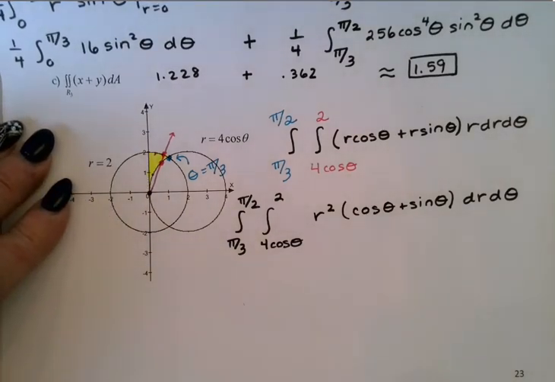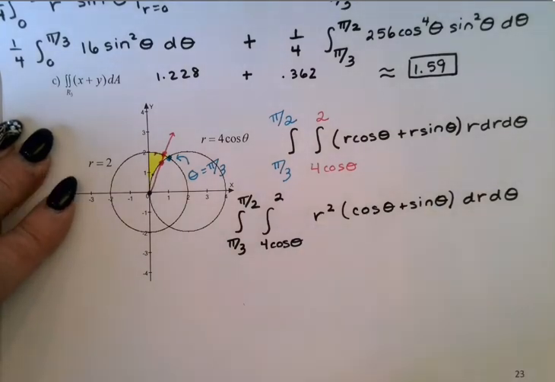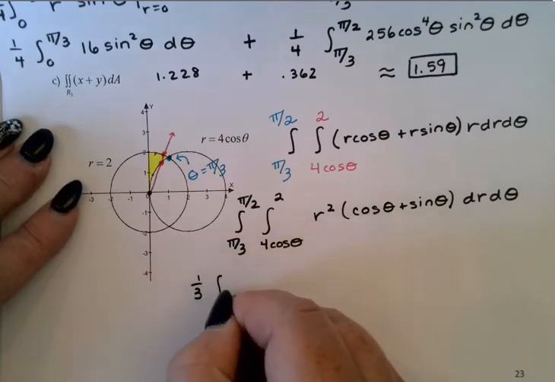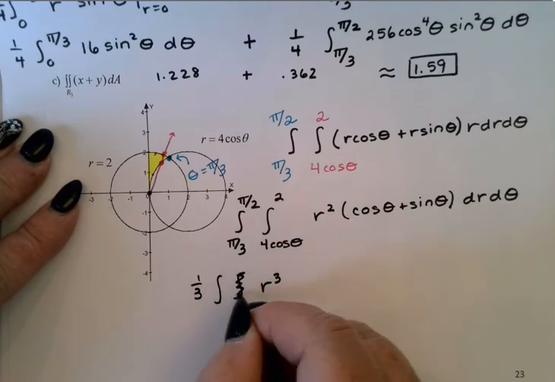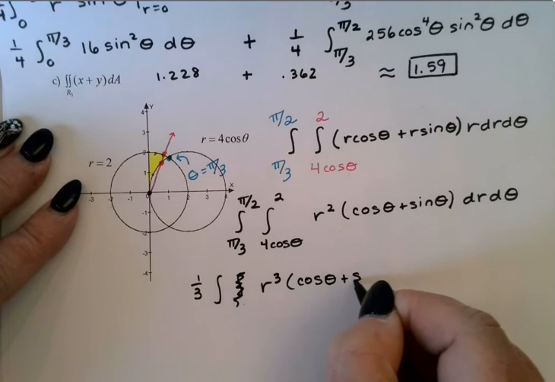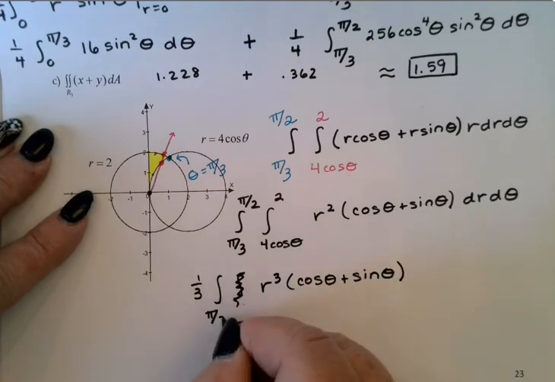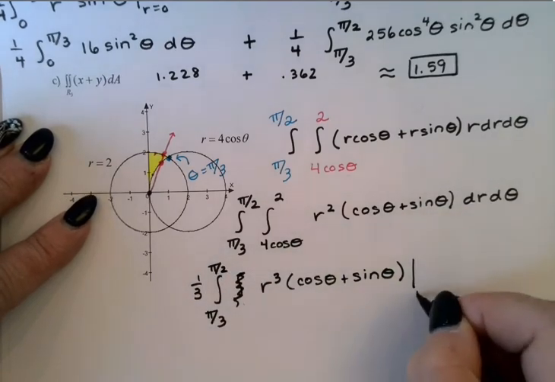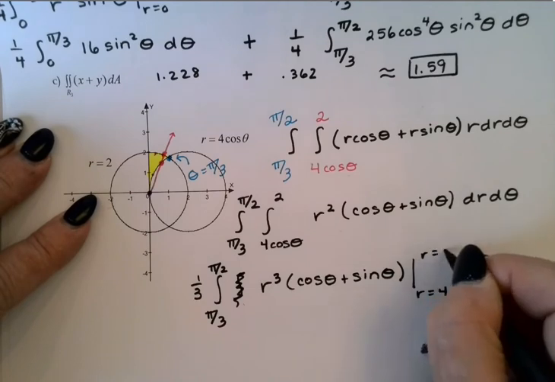So let's go ahead and do this. We would get a 1/3 r cubed when we integrate the r. Just have one integral now. Times cos theta plus sine theta. My limits of integration here are still my theta values. And I'm going from r equals 4 cos theta to r equals 2.